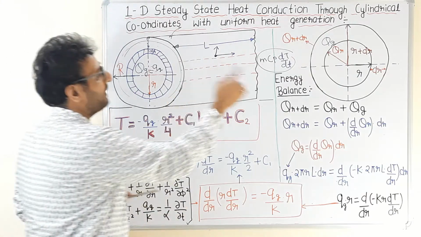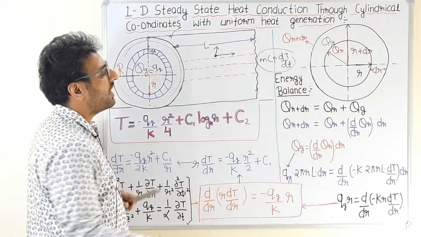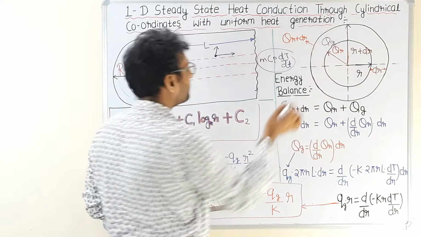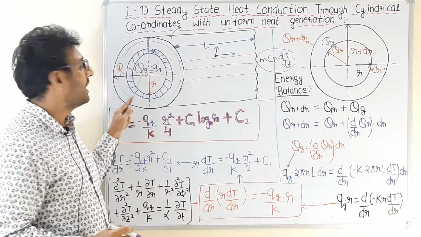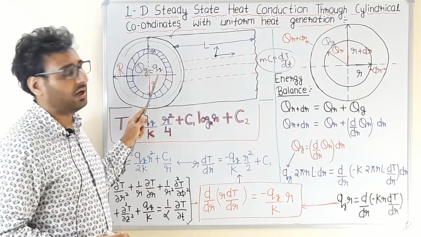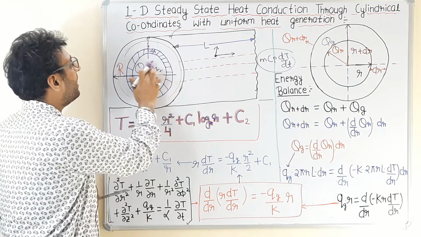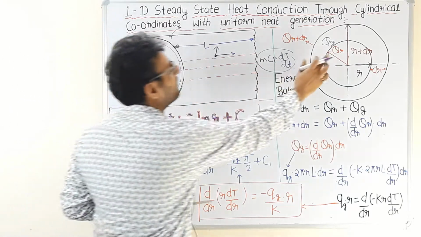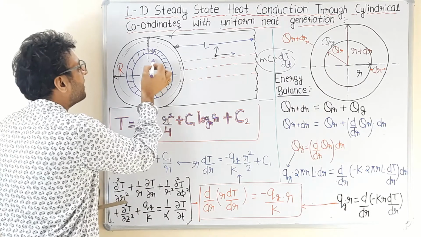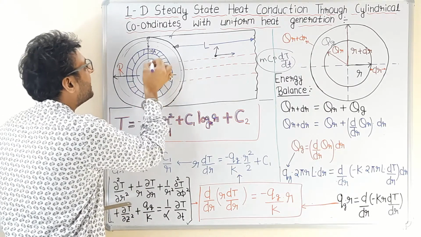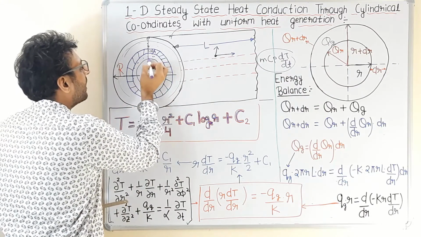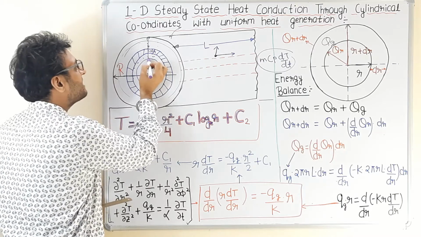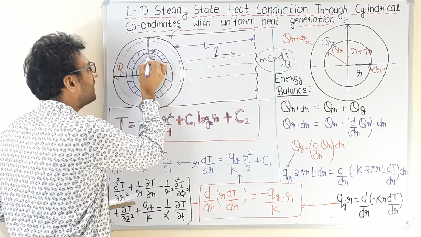Now for this element, the basic question comes: where does this Qr come from? In this element, heat generation is taking place, but if we consider any element, the heat generated by the preceding elements will be conducted out, and this heat will enter this element.